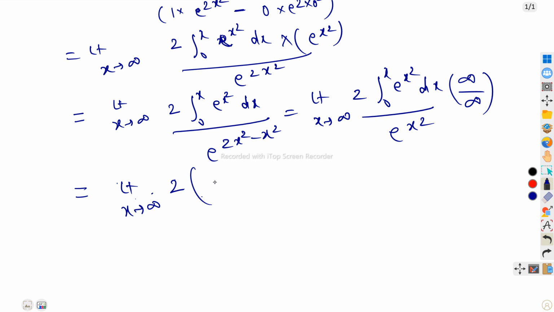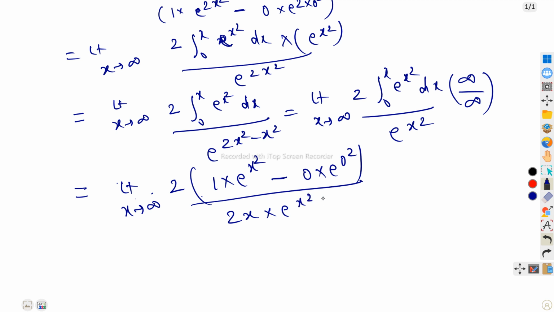The differentiation of x is 1, and at the place of x we composite e^(x^2), minus the differentiation of 0 is 0, upon the differentiation of e^(x^2), which is 2x e^(x^2).